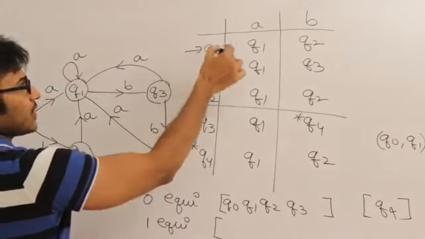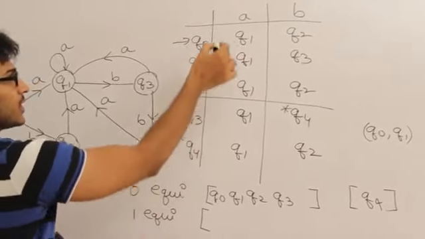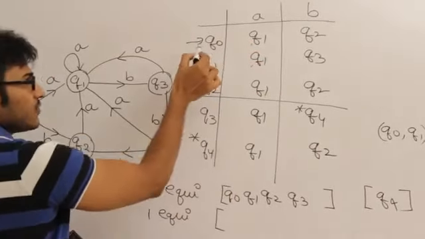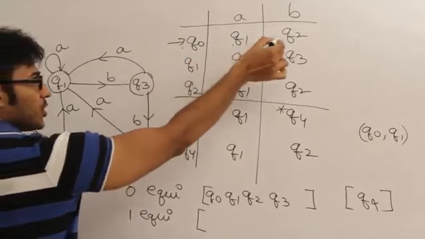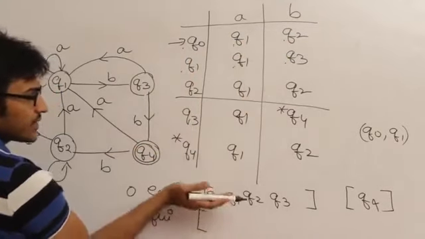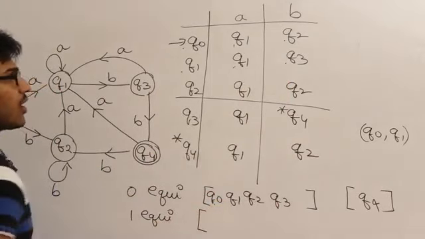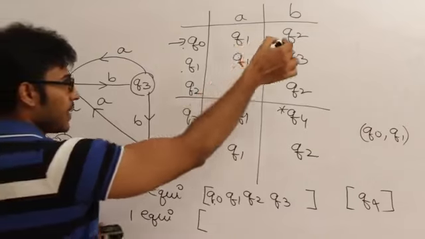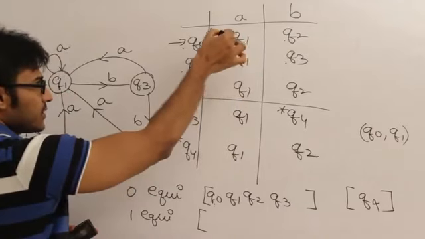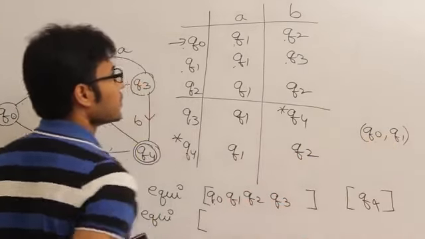If you see Q0, it is going to Q1, and if you see Q1, it is going to Q1. Both are going to the same state. And if you see Q0, it is going to Q2, and if you see Q1, it is going to Q3. I'll just draw a diagram here and I'll show you. Now I'm checking for one equivalence of Q0 and Q1.